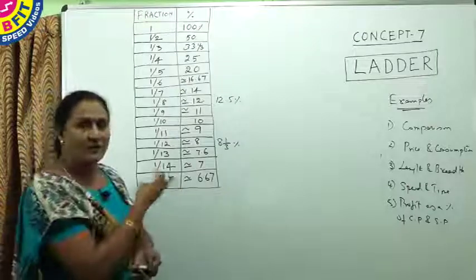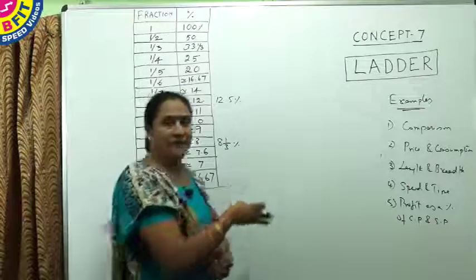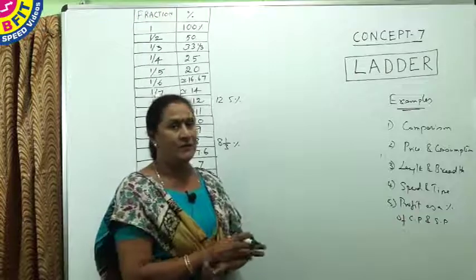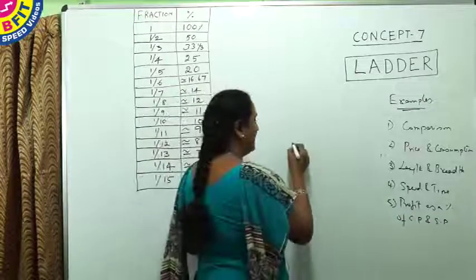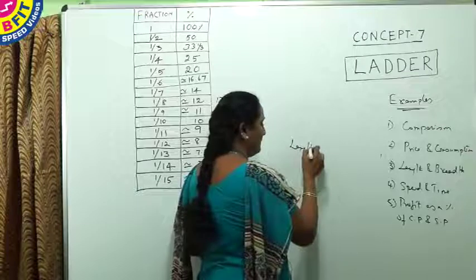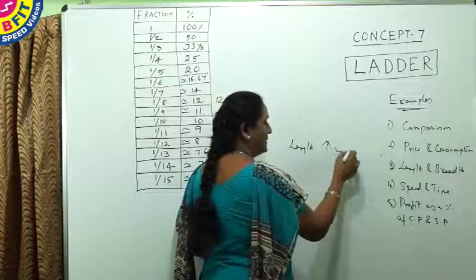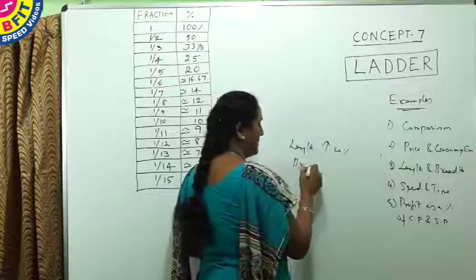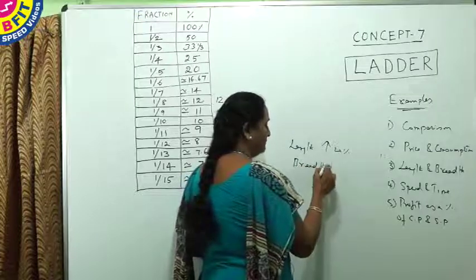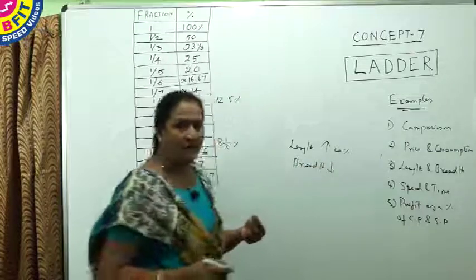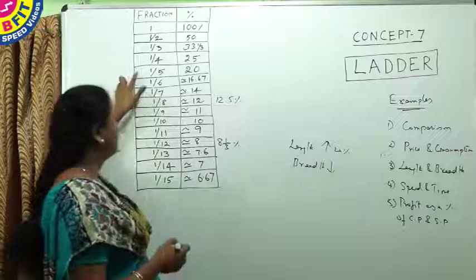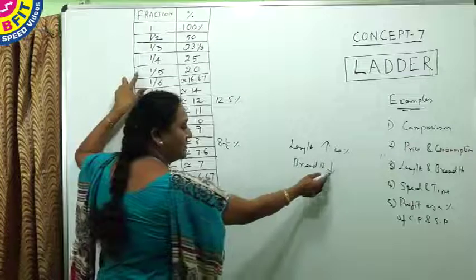Now here, using this ladder, we can easily find the required percentage. Say suppose the length is increased by 20%. By what percent should the breadth be decreased? So 20%, we stand here, and we are asked to find by what percent it is decreased.